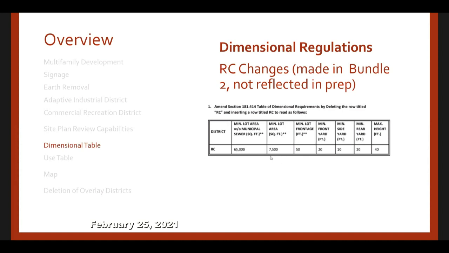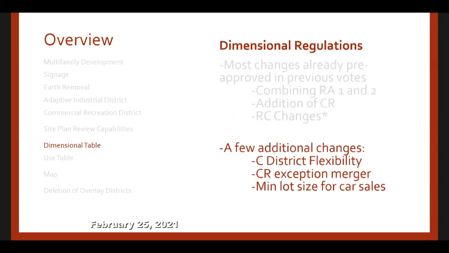There's RC infill and RC non-infill, and the RC non-infill had a lower lot size, lower frontage, front yard, side yard, and rear yard than is called out in the prep materials you received. But again, it's consistent with the votes that you all made in the second bundle. That was just a typo on my part. And we will review the document in detail. I just wanted to make that clear to you all up front.